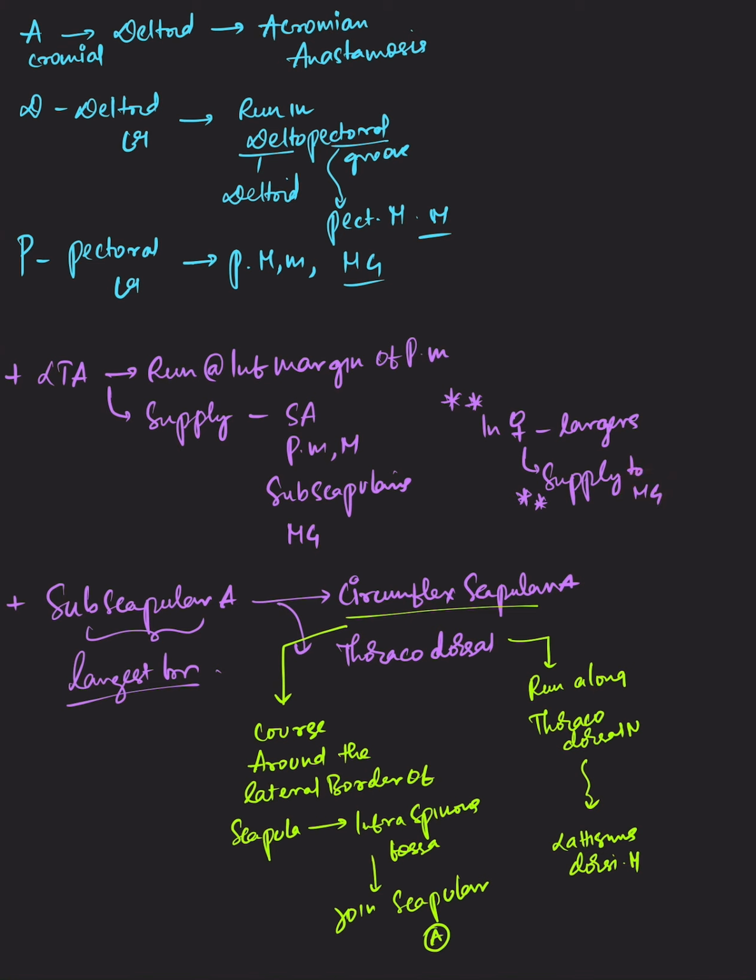From the third part, the first branch is the subscapular artery, which is the largest of all the branches of the axillary artery. This subscapular artery further divides into two branches, namely the circumflex scapular artery and the thoracodorsal artery. When you consider this as the scapula, the subscapular artery gives the circumflex scapular artery, which runs around the lateral border of the scapula.